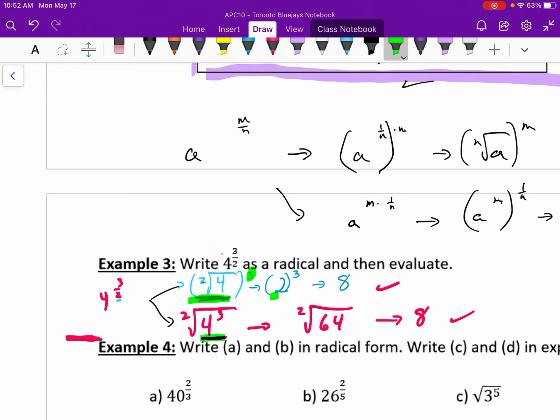On the bottom, 4 to the power of 3 gets big, and that's 64. I probably lost some of you there because 4 times 4 times 4 is 64. And then you're taking a square root of a large number. Now 64 is a relatively small number, but the square root of a large number is harder to do. For sure, the first path is much easier.